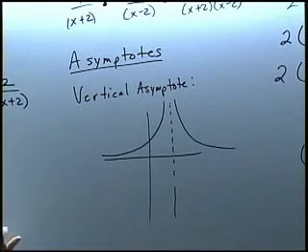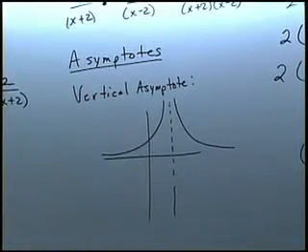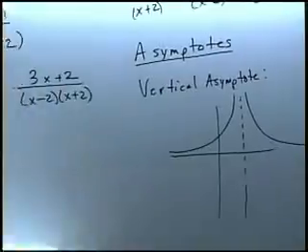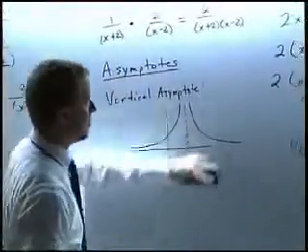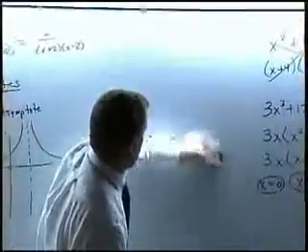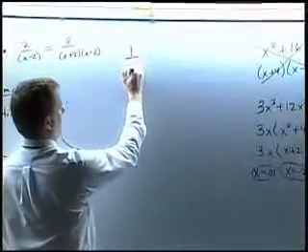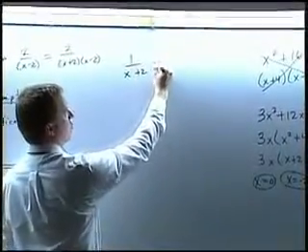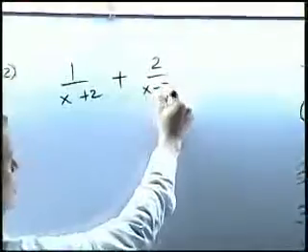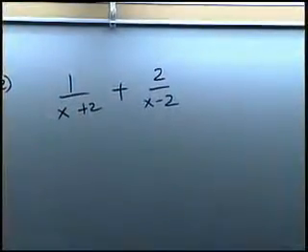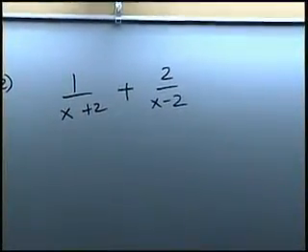In equations, where do we get vertical asymptotes? Like, for example, let me rewrite it here: 1 over x plus 2 over x minus 2. If this was your equation, where do we get vertical asymptotes?